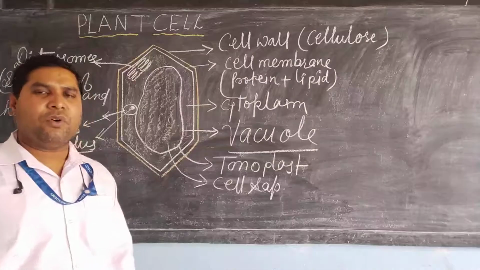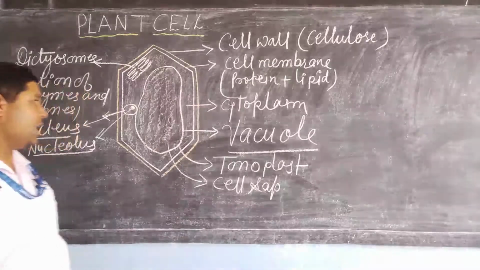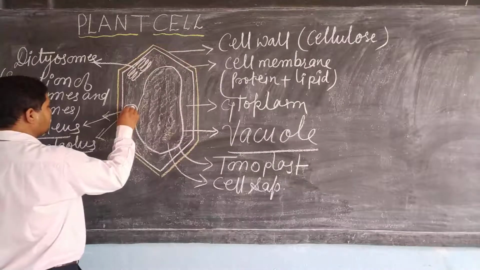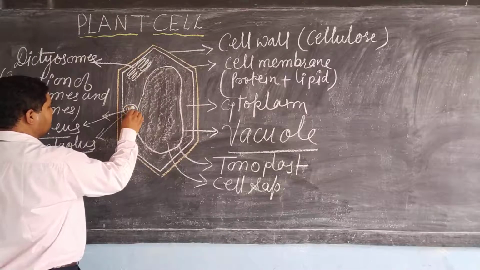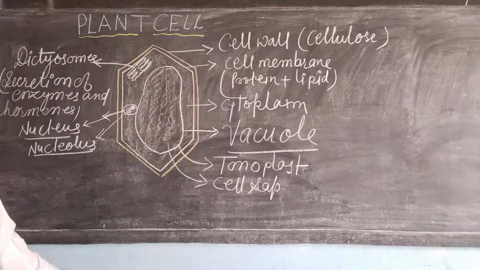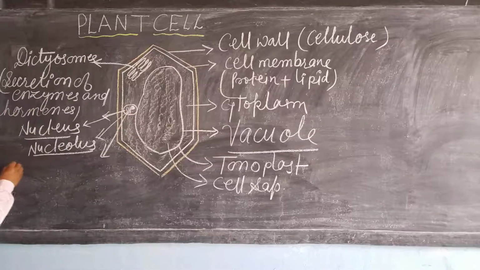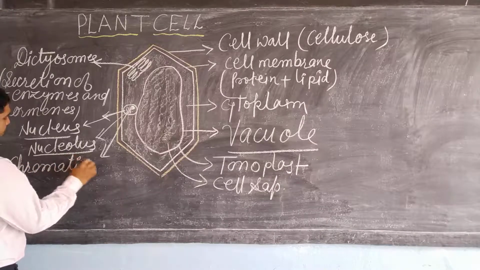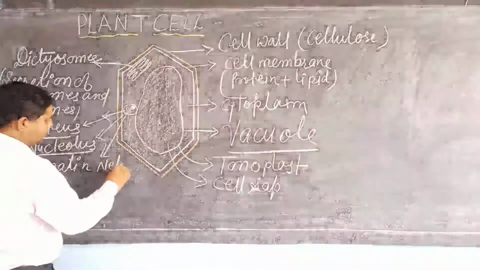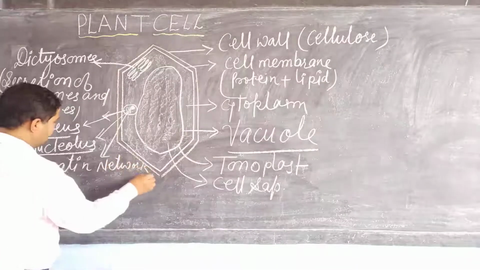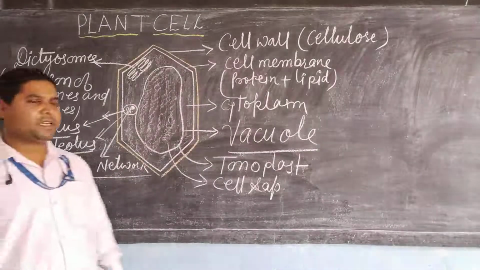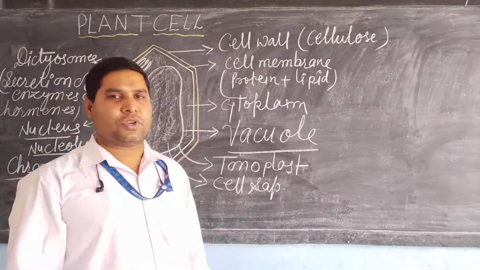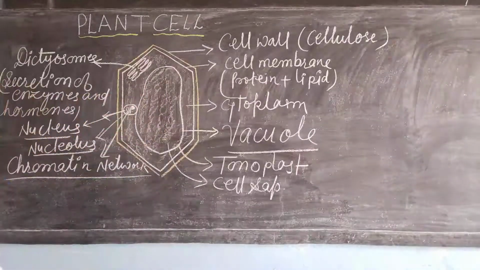I have explained this also in the previous video when I explained about the animal cell. Inside the nucleus, the thread-like structure is known as chromatin network, or chromatin thread, which during cell division condenses and becomes short, known as a chromosome.